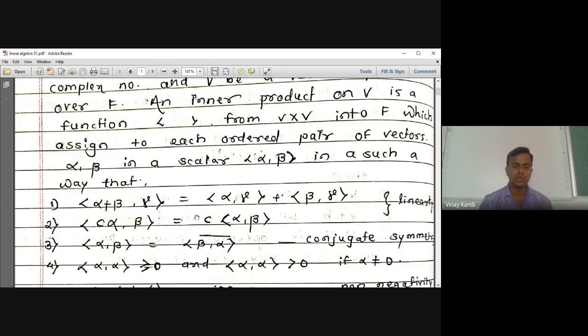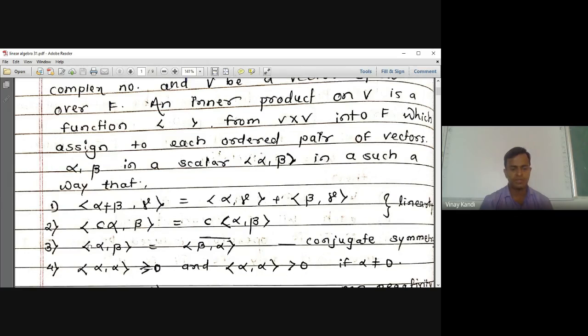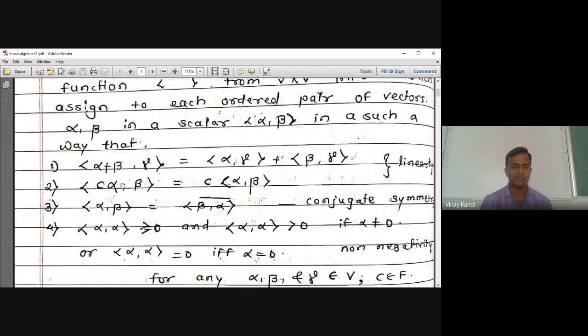Combining these two properties, we call it the linearity property.